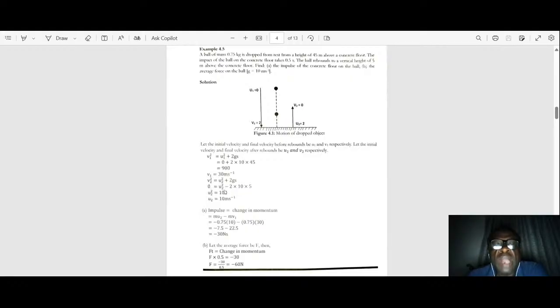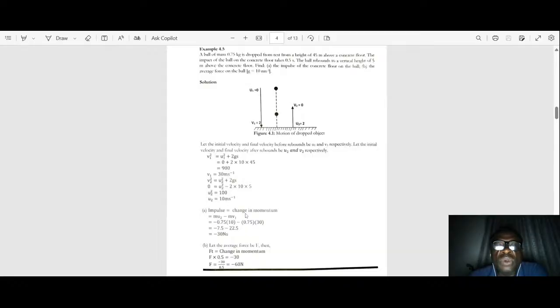We can also calculate u2 from this, because this one is going against gravity, and that's the reason why we have minus here, because if it bounces and it's moving up again, it's going against gravity. So you have minus 2 times 10 times 5, and taking the square root of 100 will give you 10.